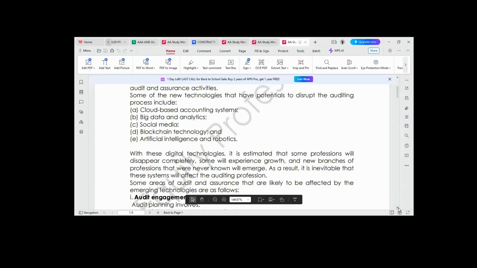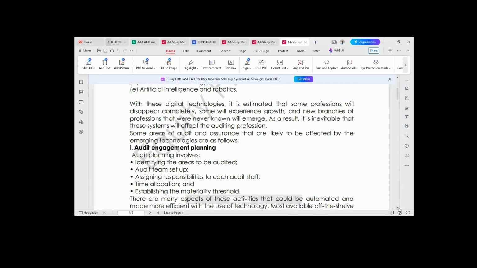The first one is on the audit engagement planning. That is the planning stage. With the use of IT now, the identification or the selection of the audit team, time allocation, assigning responsibilities to staff, establishing the materiality threshold has now been reduced, because of the introduction of these IT technologies.